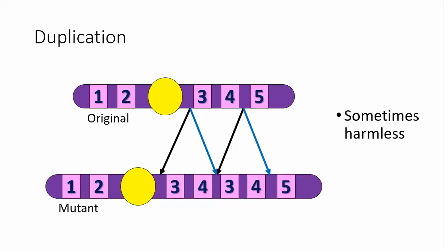Here we have a duplication, and that's where it's like somebody did a copy and paste on part of the chromosome and added an extra duplicate of some other part of the chromosome. Once again, depending on how much of the chromosome is duplicated, if there's not very much duplicated, it could be harmless.